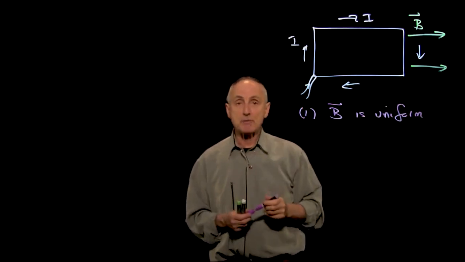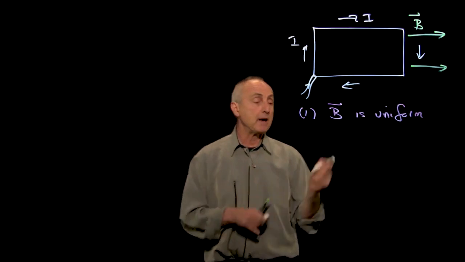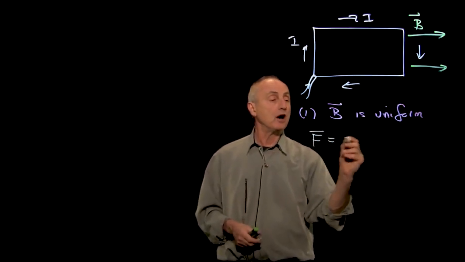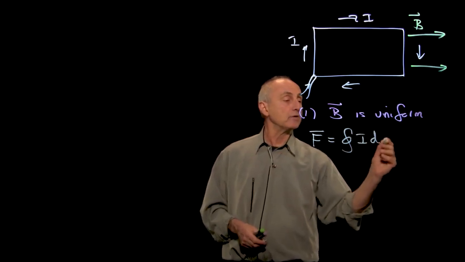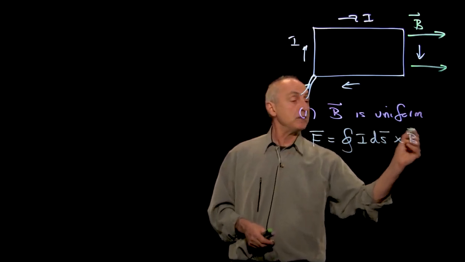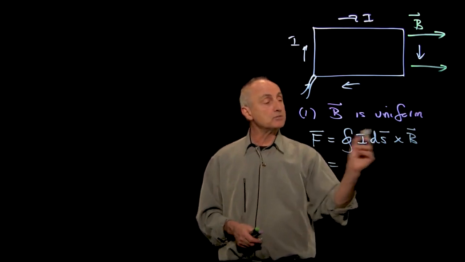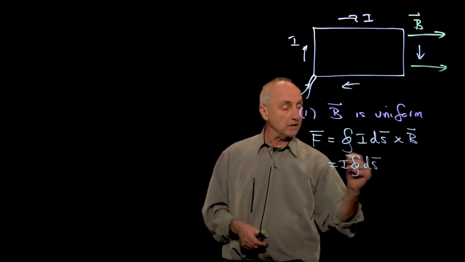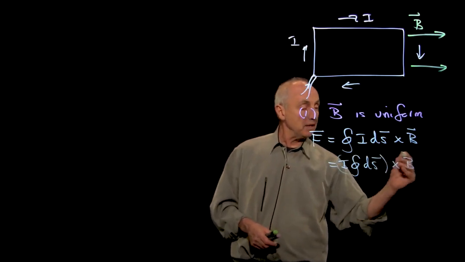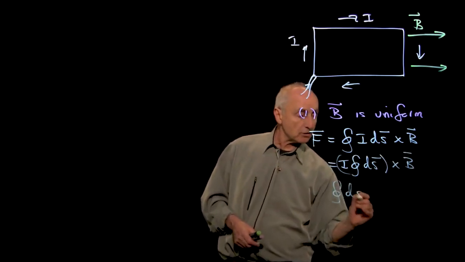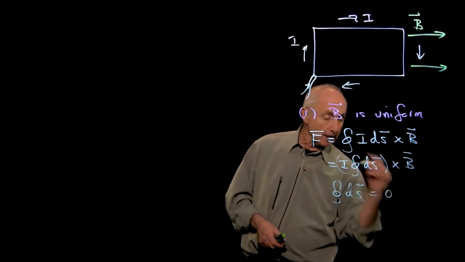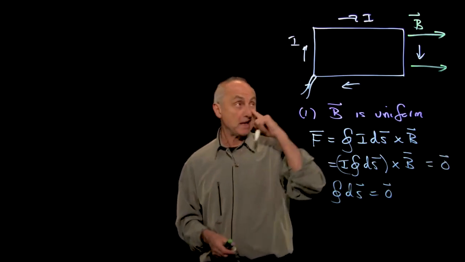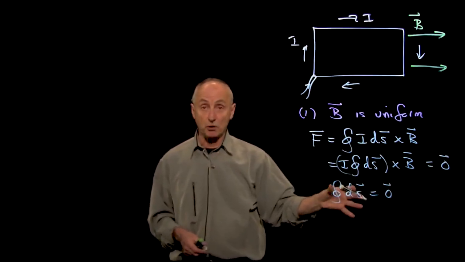When we put a current loop in a uniform magnetic field, then the force on that loop is the integral of I ds cross B. But because B is uniform, I can pull that out of the integral, cross B. And the integral of ds around a closed path is 0. And so the force on a current loop in a uniform magnetic field is 0.